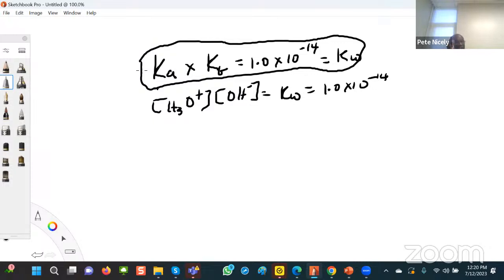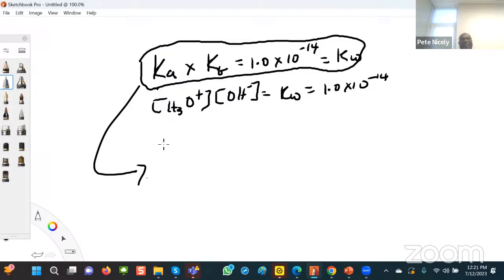Now, before we get to that question, I want to say one thing about this relationship. What this relationship tells us is that there's an inverse relationship between Ka and Kb, right? In other words, the stronger the acid is, or the larger the Ka value is for the weak acid, the smaller would be the Kb value for the conjugate base, all right? So there's an inverse relationship.